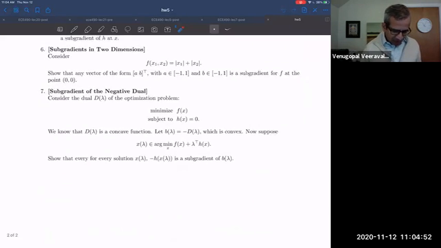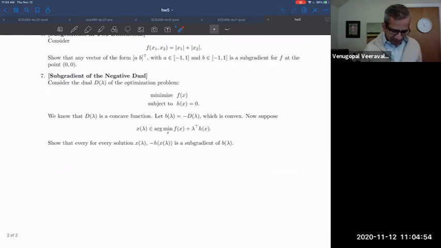There was also a question about problem 7, about whether d of lambda is always differentiable, but it doesn't have to be. One reason why it may not be differentiable is because x of lambda need not be unique, so the solution to this optimization problem is not unique.